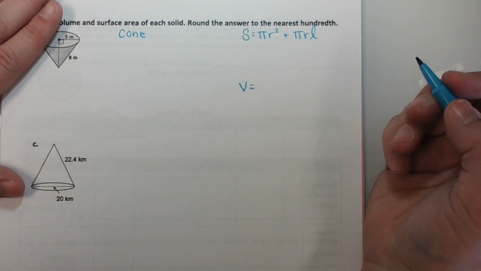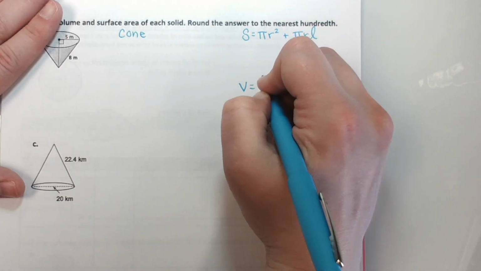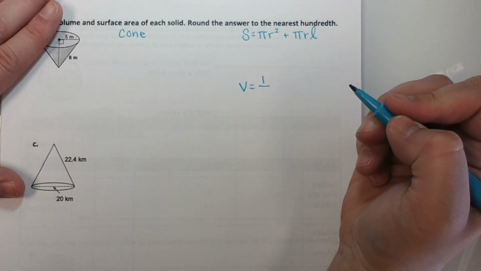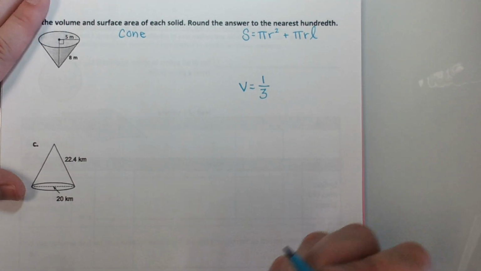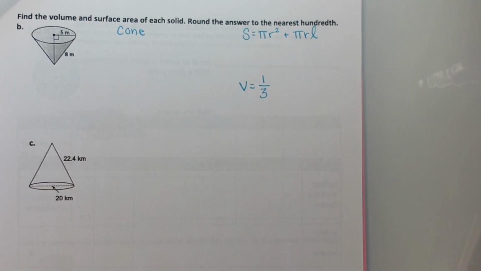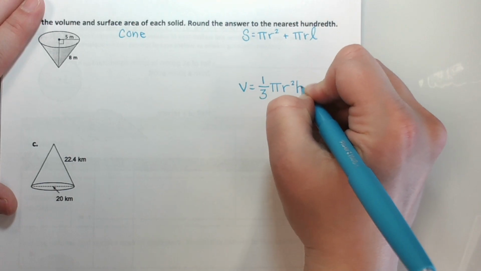Starts with a fraction. 1/3. Now we could go with base, but what's the base shape? Nate? Circle, so pi r squared. And then h.